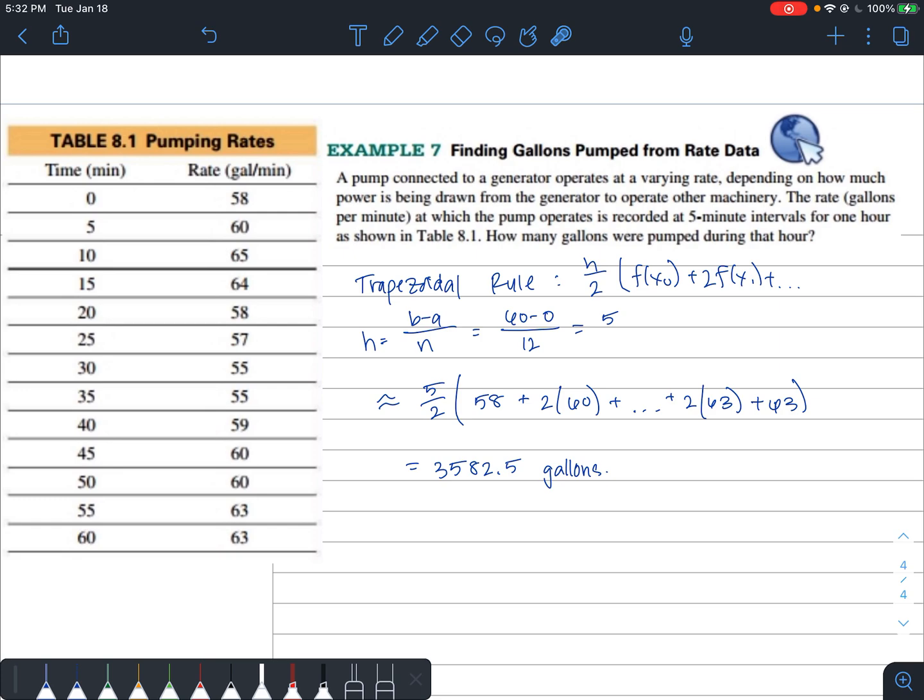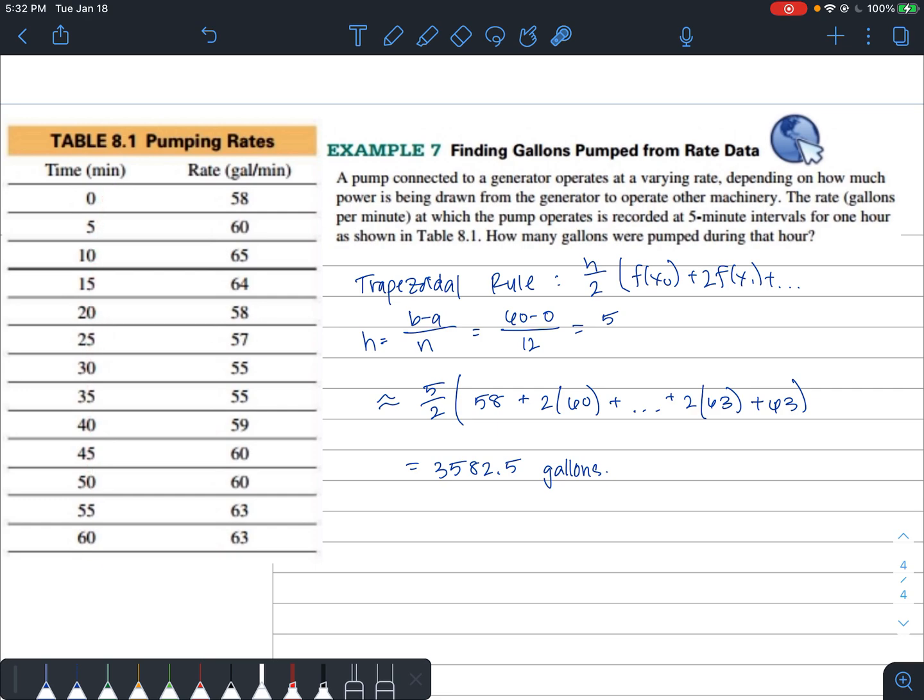So we're going to use the trapezoidal rule. Just as a refresher, the trapezoidal rule is where you take h divided by 2. h is the given interval, b minus a, so in this case 60 minus 0, divided by n, and n is 12, how many intervals there were.